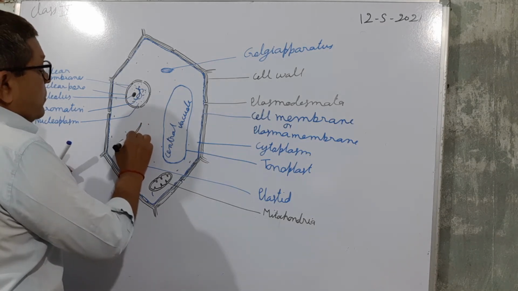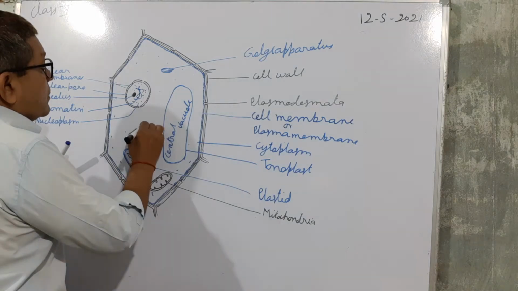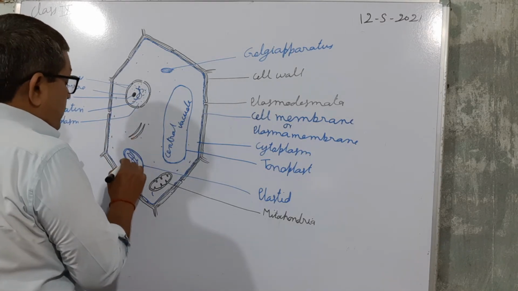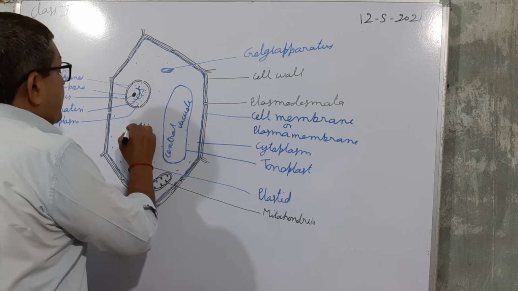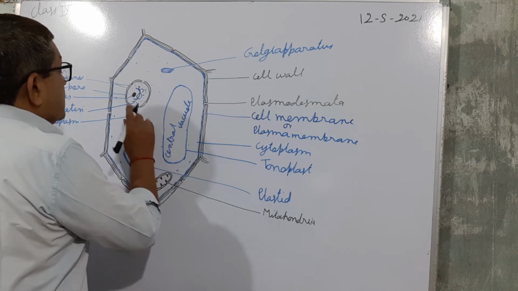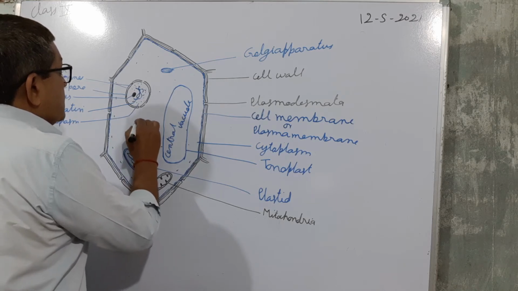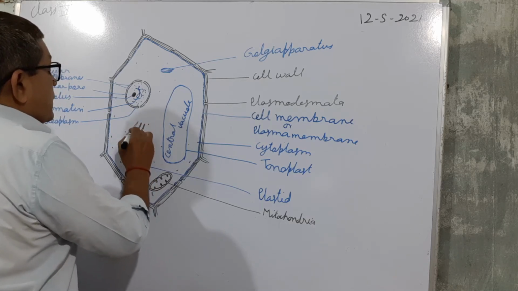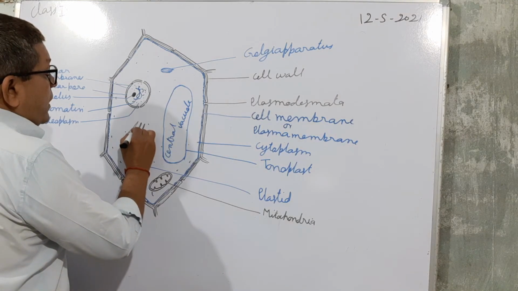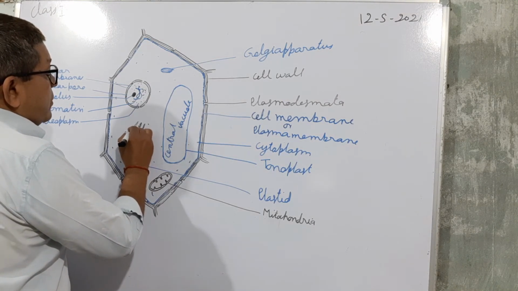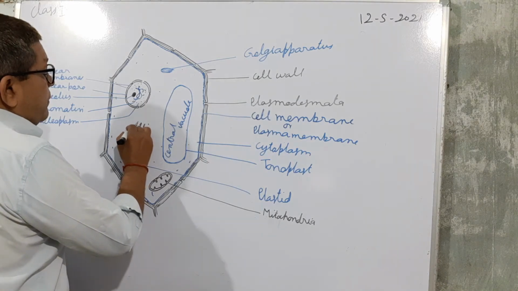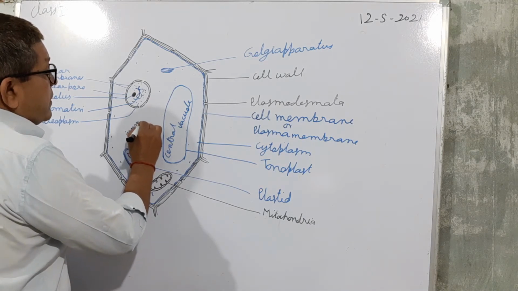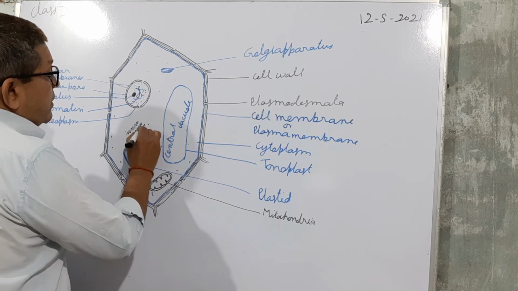There are two types of endoplasmic reticulum. The endoplasmic reticulum having ribosomes is called the rough endoplasmic reticulum. This is rough endoplasmic reticulum.